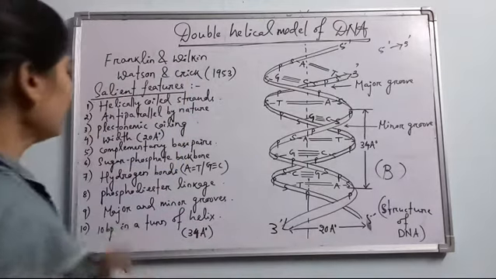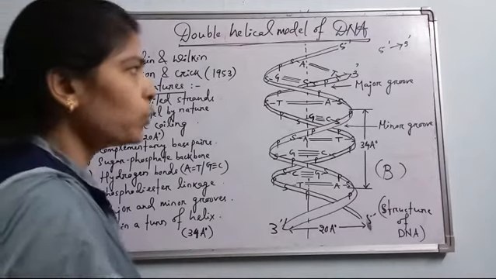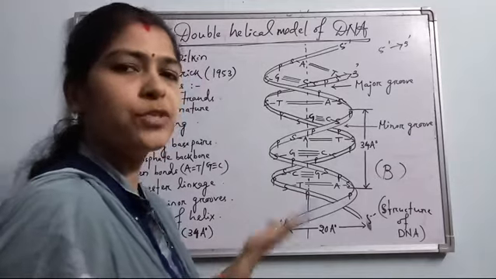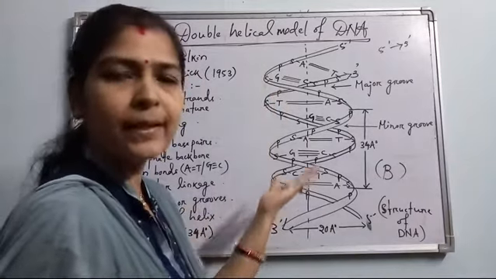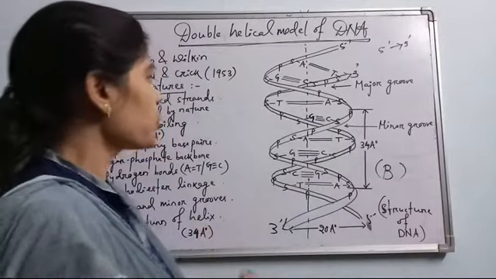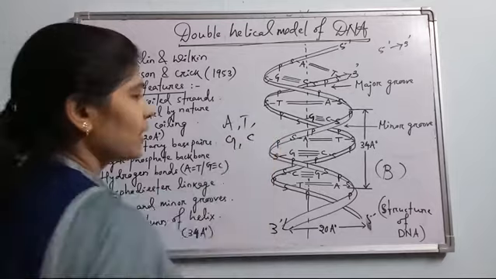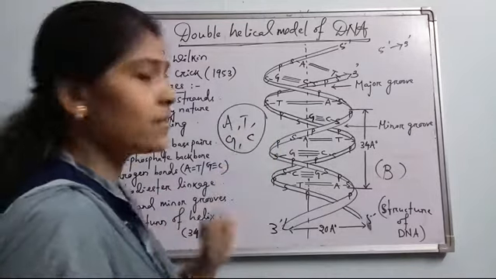Okay, then the complementary base pair. What is a complementary base pair? We know that in DNA 4 types of nucleotides are present: adenosine monophosphate, guanosine monophosphate, cytidine monophosphate, and thymidine monophosphate. So A, T, G and C are the 4 bases: adenine, thymine, guanine and cytosine.